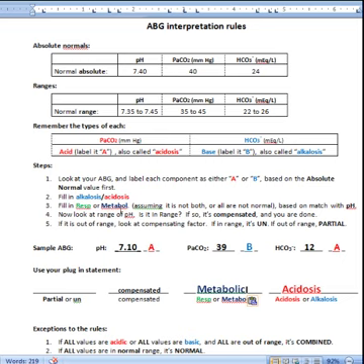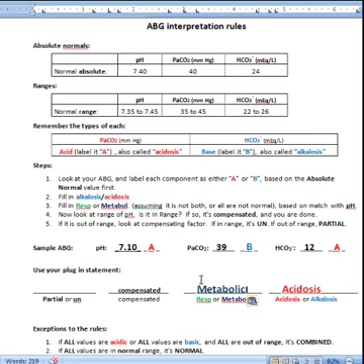Finally, I look at the range of pH compared to the pH I have. The range of pH that's normal is 7.35 to 7.45. Mine is 7.10. It is not in range, so it is not compensated. I have to decide now if it's partially or uncompensated. So I look at my compensatory factor.